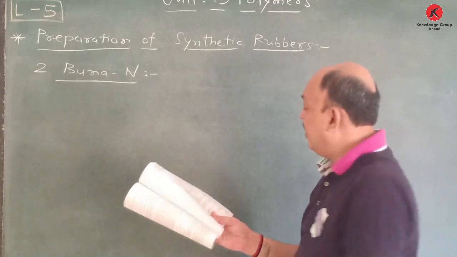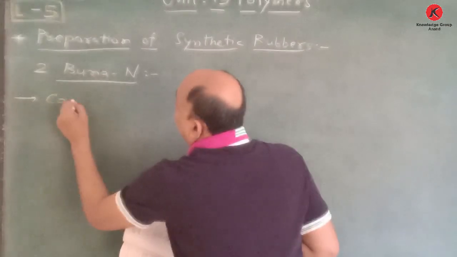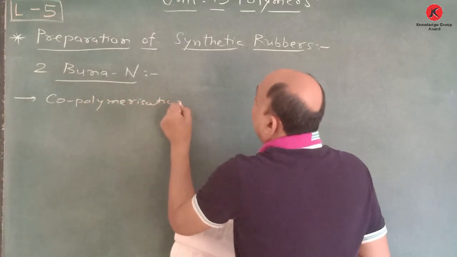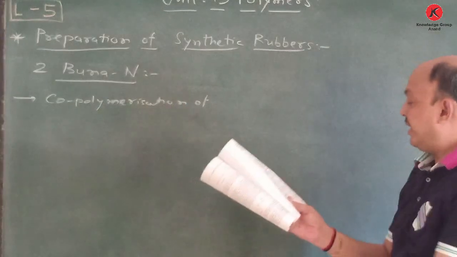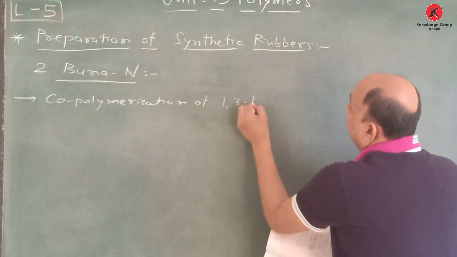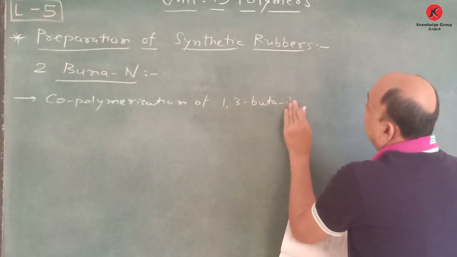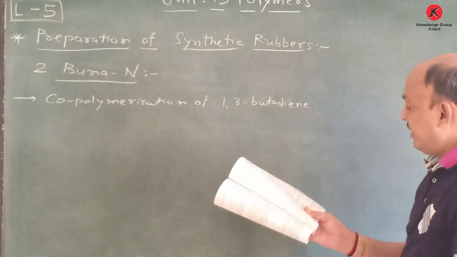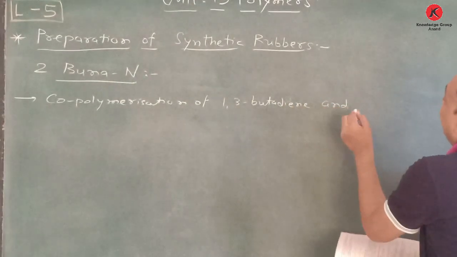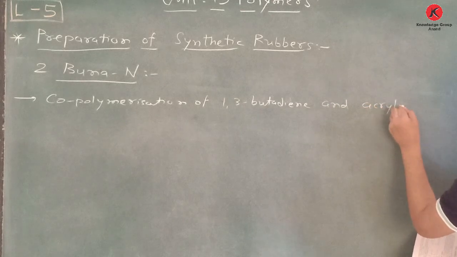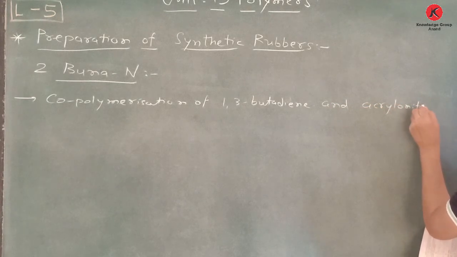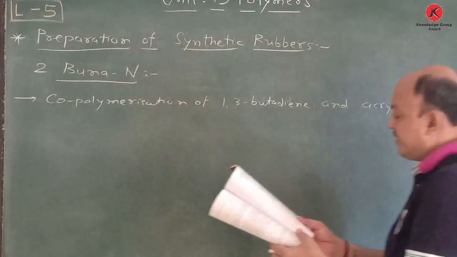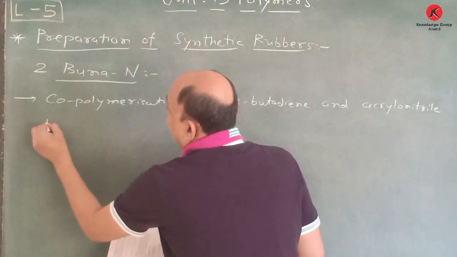Buna-N is obtained by copolymerization of two monomers, that is 1,3-butadiene and acrylonitrile, in the presence of peroxide catalyst.